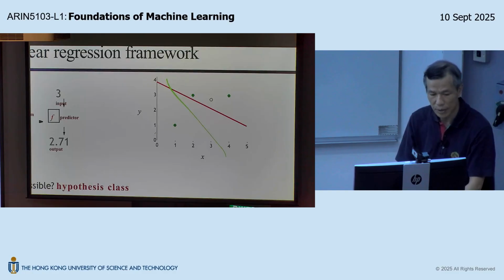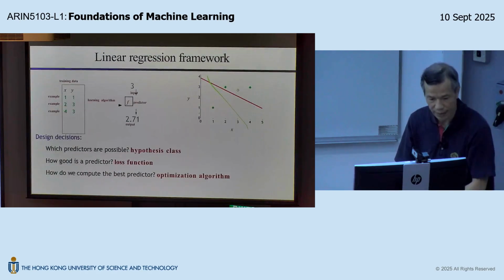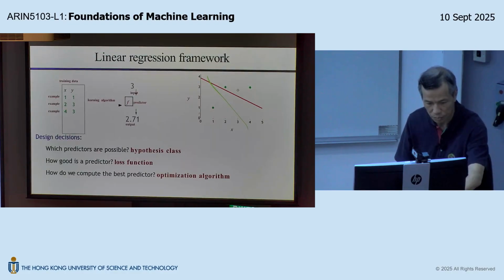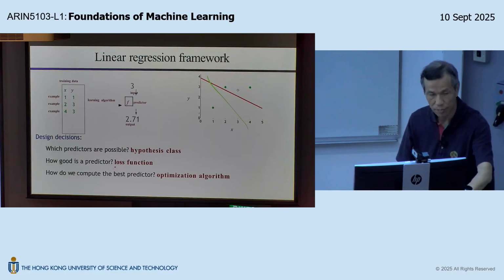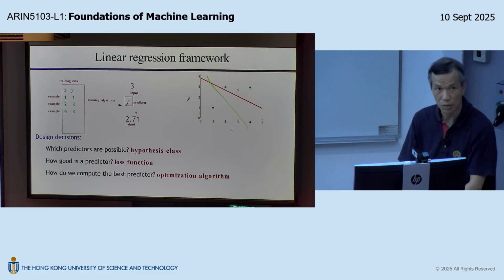So the point is that you have to tell me how bad or how good a line is. That means you have to somehow be able to evaluate the model. That leads to the second thing, that you have to define a loss function. Somehow you have to score, you have to measure the performance of this particular model. We will go into the details.